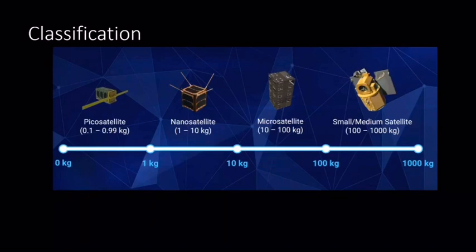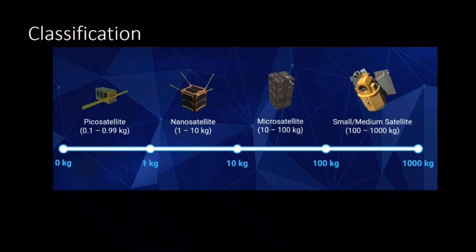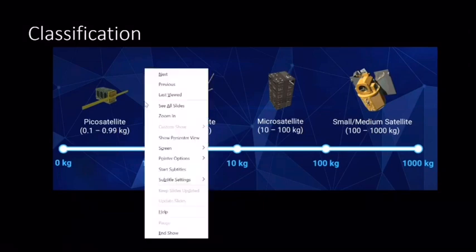A CubeSat is a standardized satellite, which is approximately 10 centimeters by 10 centimeters by 10 centimeters. If a spacecraft is 10 by 10 by 10 centimeters, and if it roughly weighs 1.3 kilograms, then this is called a 1 unit CubeSat.